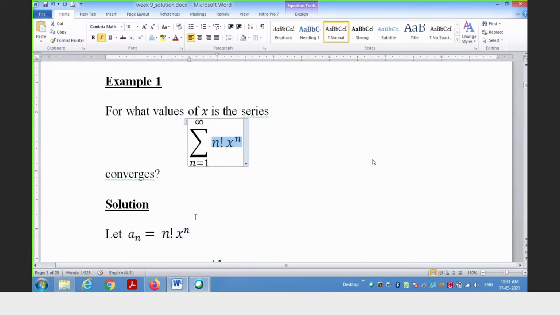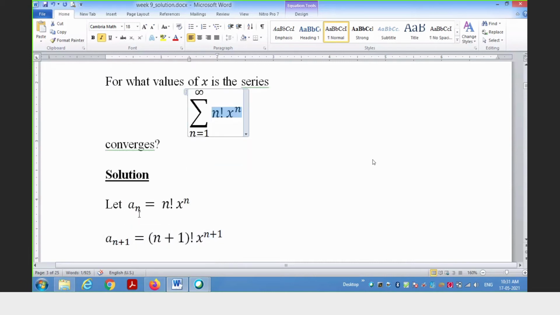To get a_(n+1), the next term, each time you see n, you replace n with n plus 1. So a_(n+1) is (n+1) factorial times x to the power of n+1.